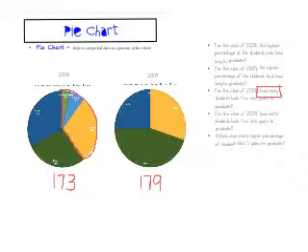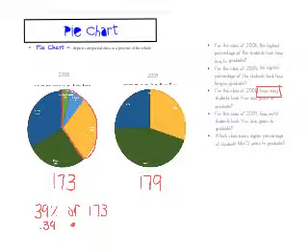So I want to know what 39% of those 173 students are. All right, so in math, of means multiply. So I'm going to multiply 39%, and I can't type 39 into the calculator because the calculator thinks of percent as part of one whole. So I'm going to make that a decimal. So 39%, 0.39 and 39% mean the same thing, of 173.